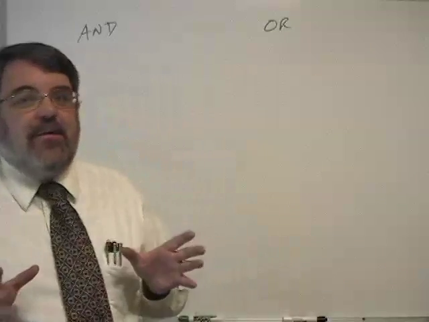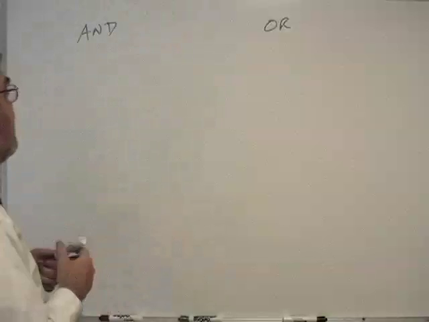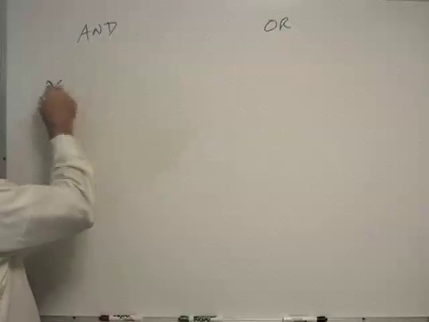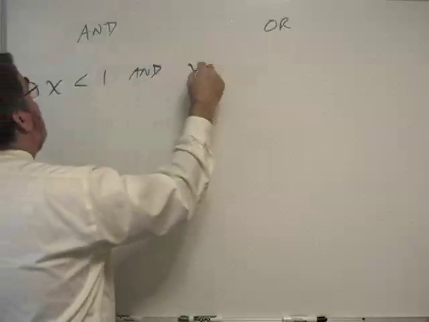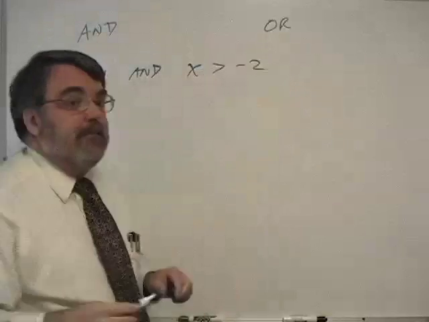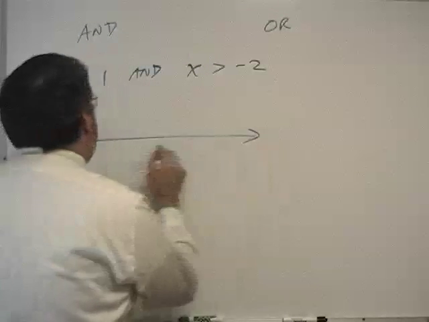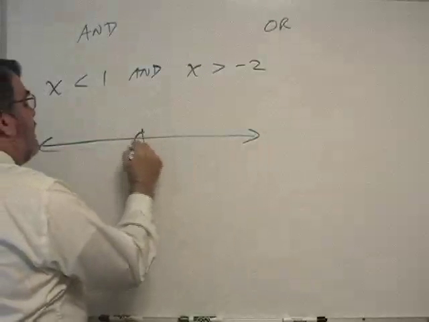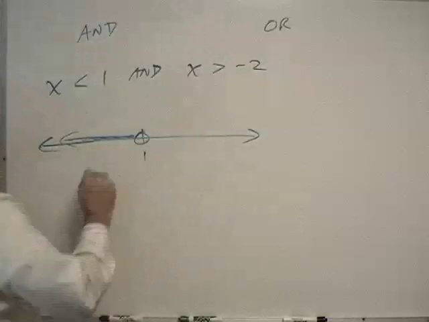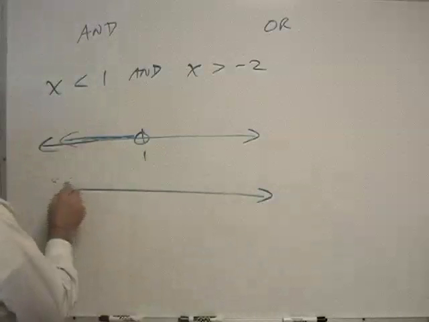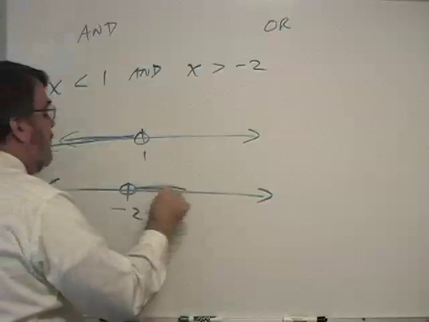All right, well, let me show you how that translates into what we're doing. Suppose you were given this collection of numbers that says that x is less than 1 and x is greater than -2. What does that mean? Well, x is less than 1 involves all the numbers to the left of 1, and x is greater than -2 means all the numbers to the right of -2.